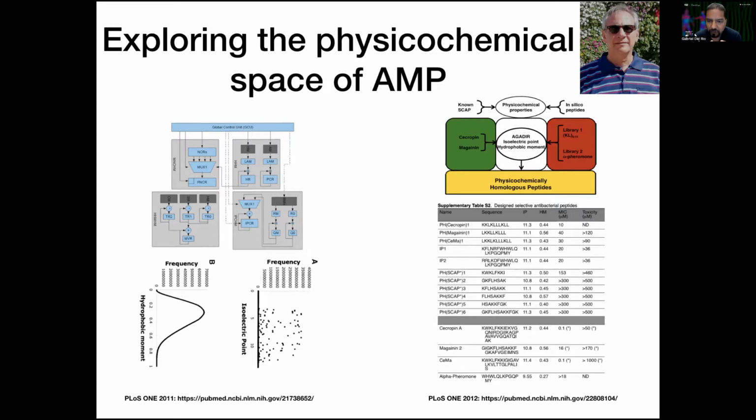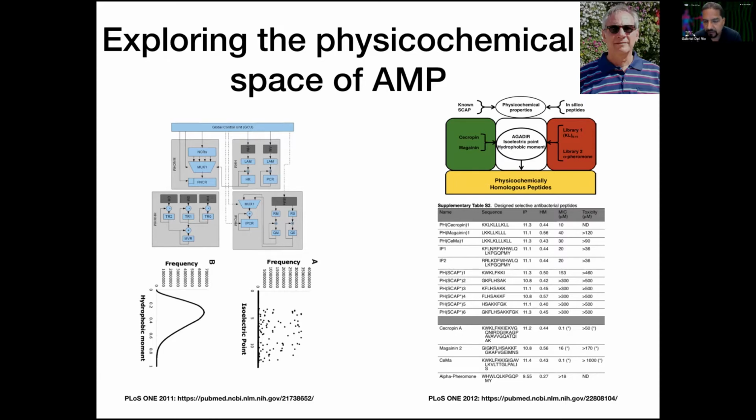And so in order for us to compute all these physicochemical properties, we implemented a device which is called an FPGA, which means Field Programmable Gate Array, which allows us to compute in, let's say, real time.